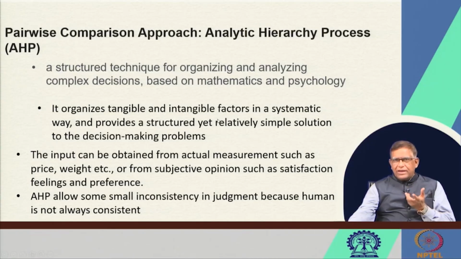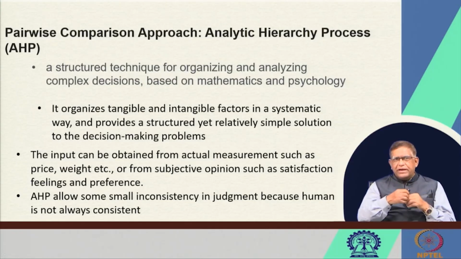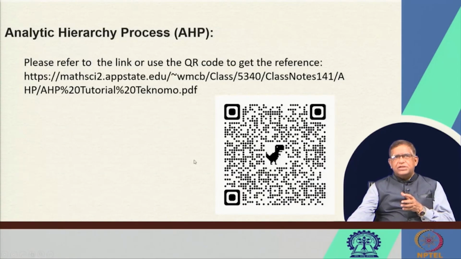Your choice, your liking, wherever there is fuzziness, those intangible things can also be resolved in a systematic way, and the final solution will give a very good decision. The input can be obtained from actual measurement, such as price or weight, or sometimes from opinion. From there you get the input for taking decisions, and it allows some inconsistency in judgments.